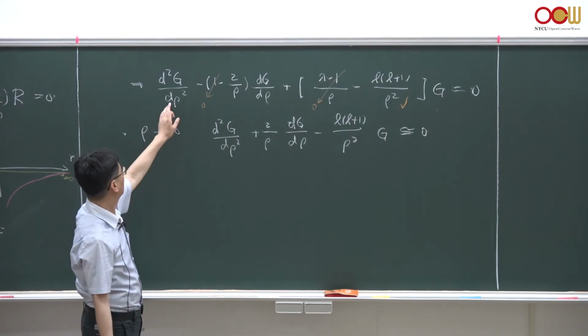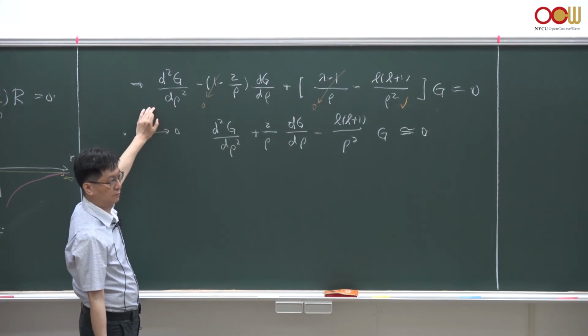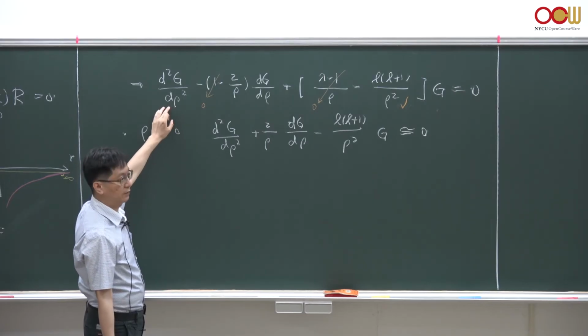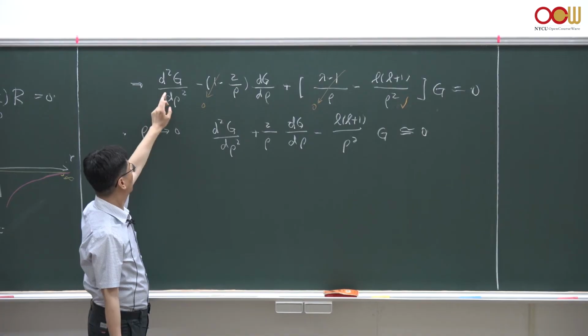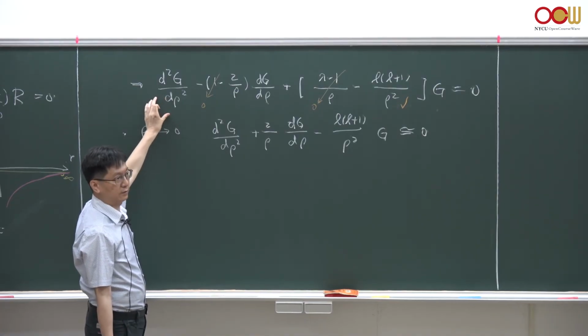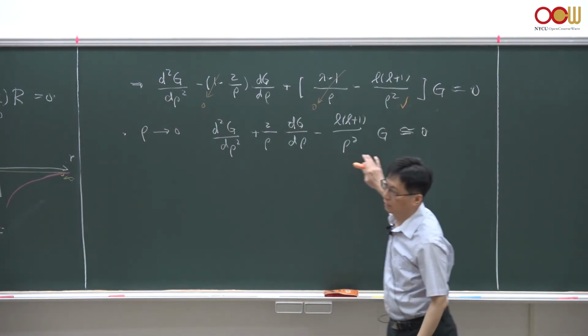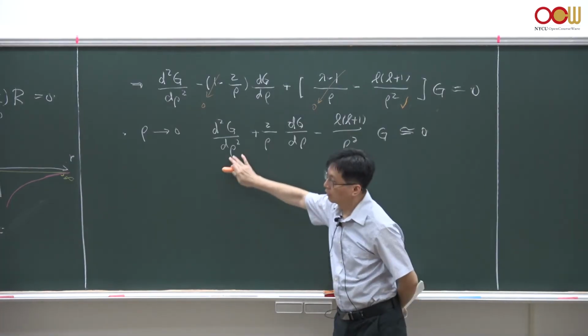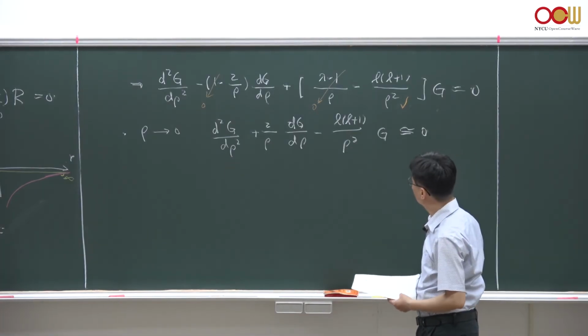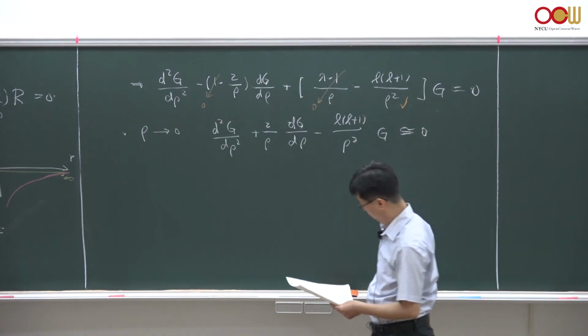In the same way, we should keep the second derivative term, because the rho dependence is quadratic, d rho squared appearing in the denominator. Obviously, these three are the dominating terms, so we forget about the other terms.